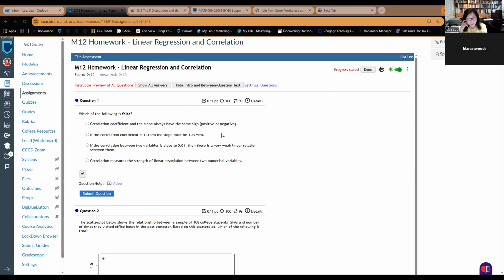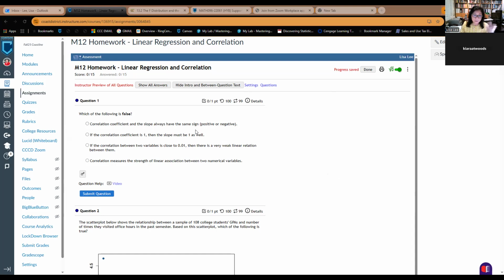In statistics, we use y equals a plus bx, and the number b times x, that number b is the slope. So we switch the x to the back, and instead of y equals mx plus b, in statistics we use y equals a plus bx. But it's the same thing.